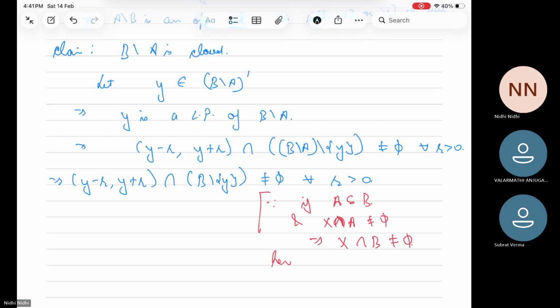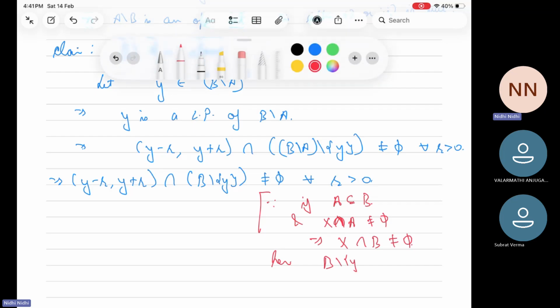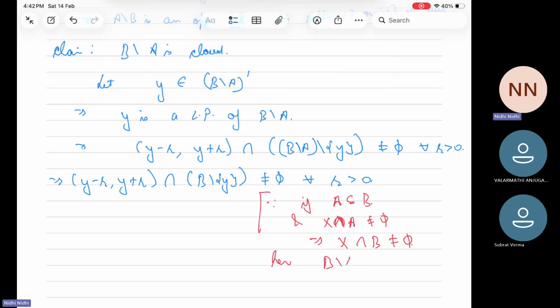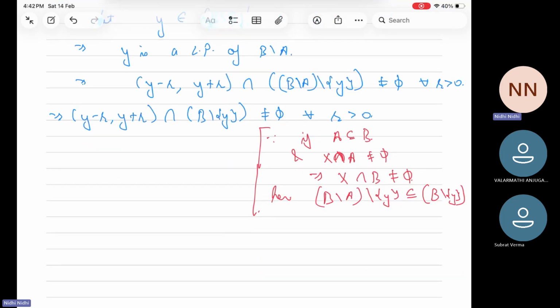Here (B minus A) minus y is a subset of B minus y, obviously. Now, by definition, y turns out to be a limit point of B. That means y belongs to B'.